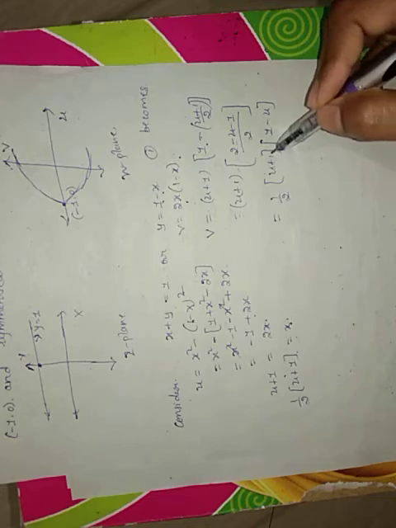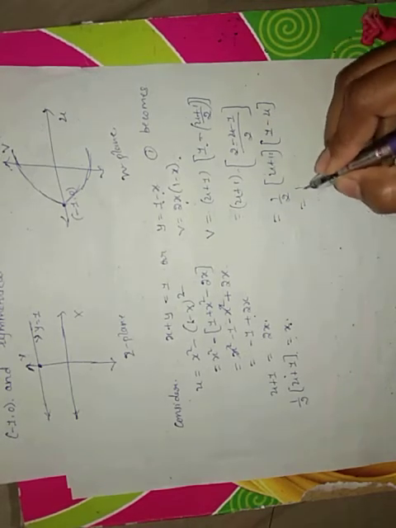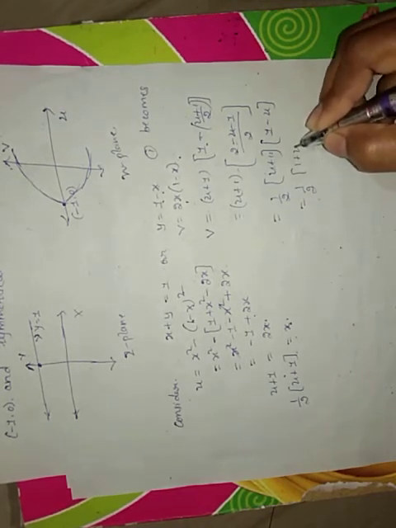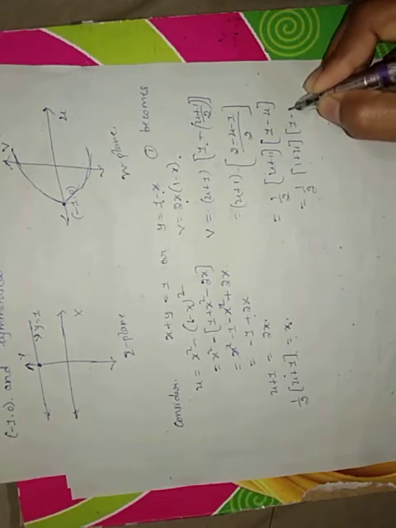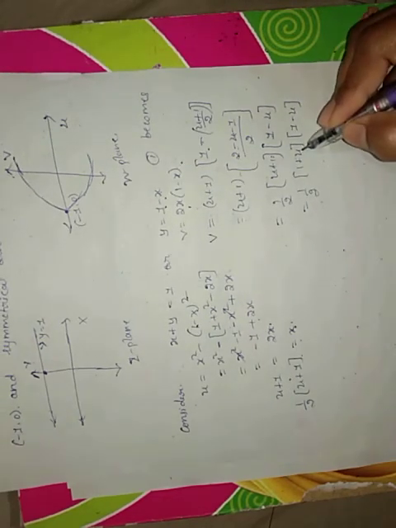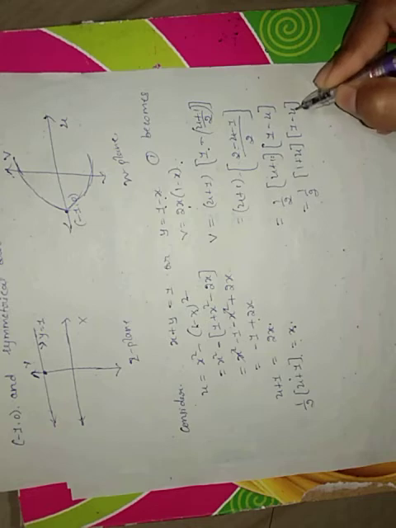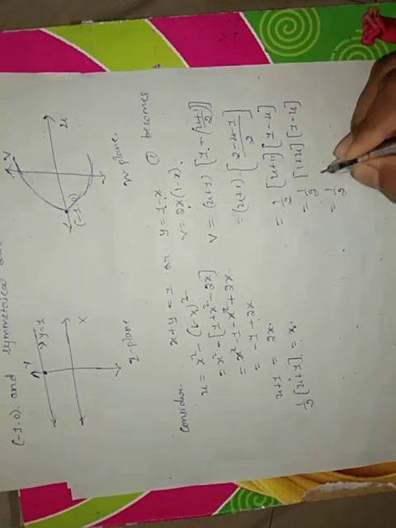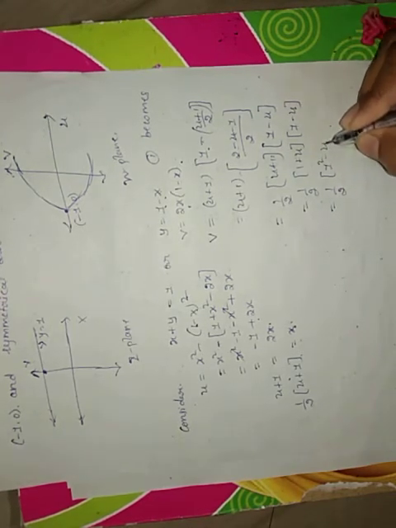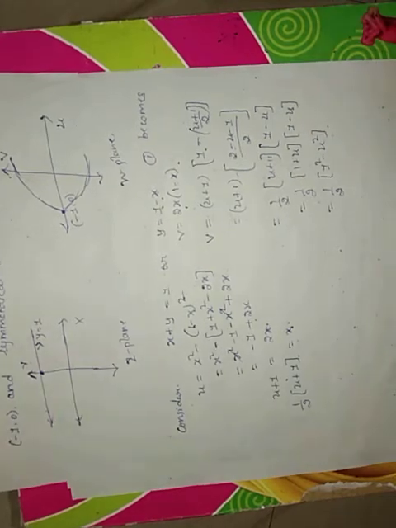You can also write u plus 1 as 1 plus u. So 1 by 2 into (1 plus u) into (1 minus u), which is a plus b into a minus b, that is a square minus b square.